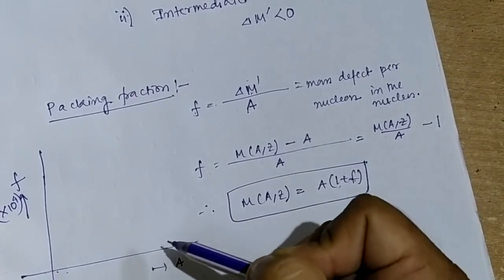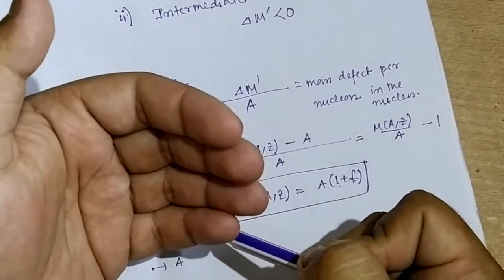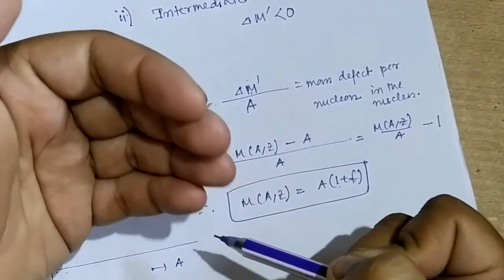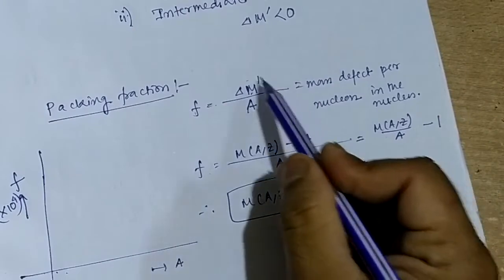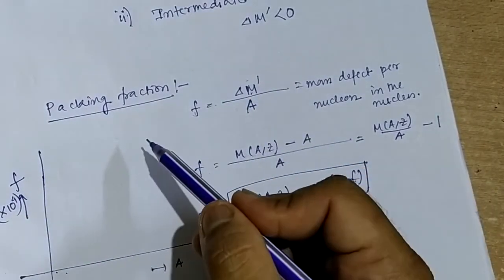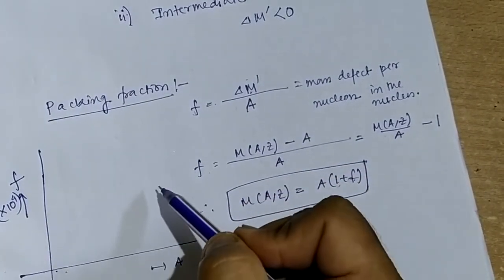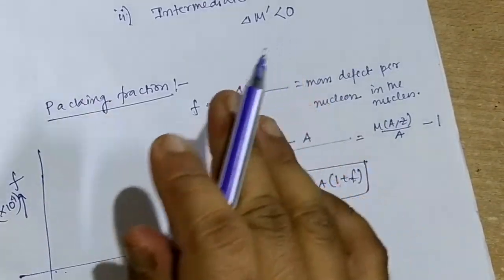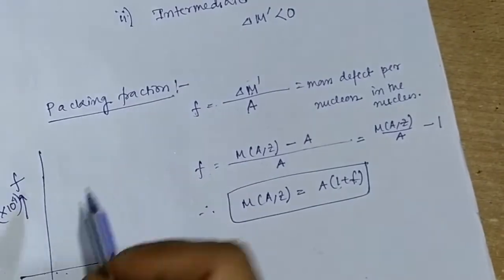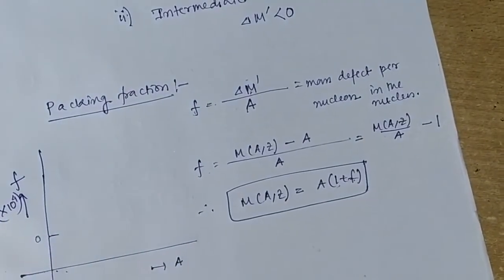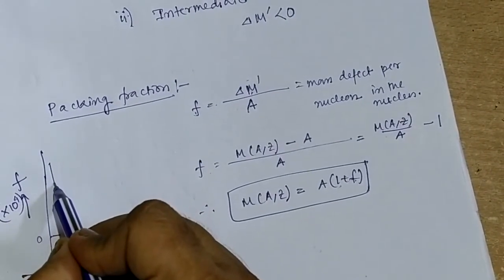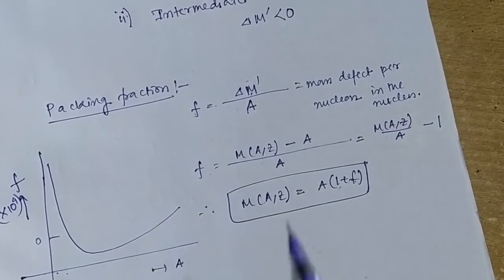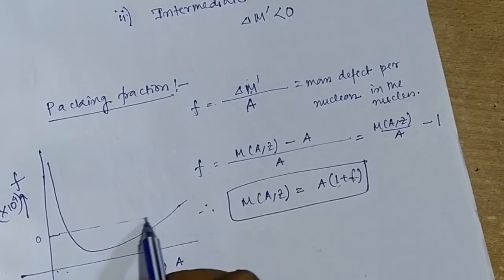Similarly for heavy nuclei, that means A greater than 180, del m prime will be positive, so f will be positive, but in this intermediate range, since del m prime is negative, f also will be negative. If we consider this as 0, for lower values it becomes this, and it varies like this.